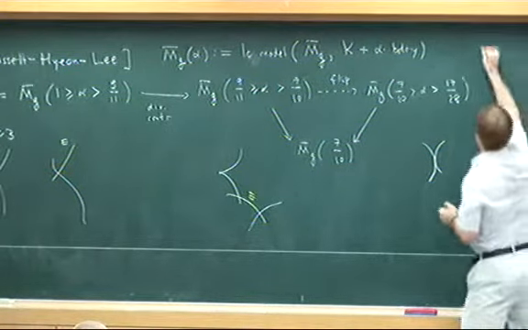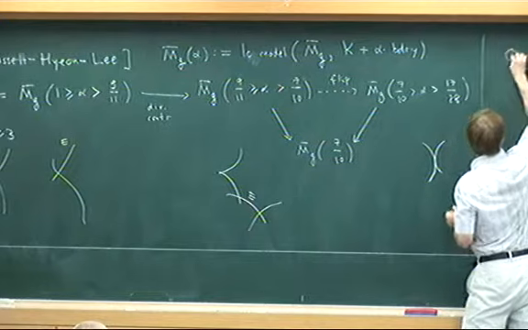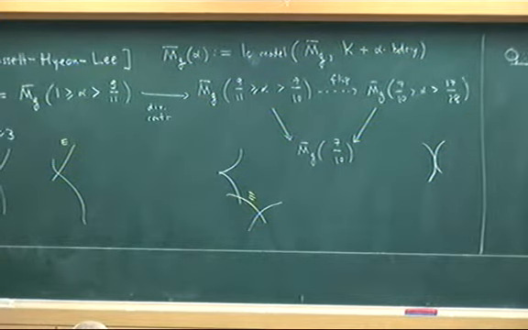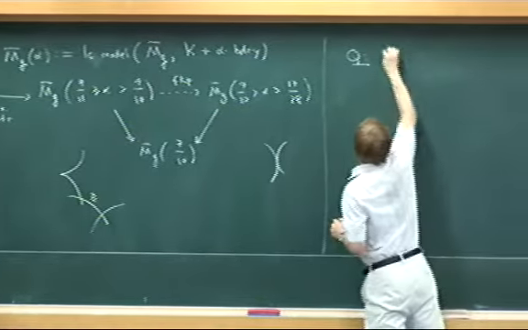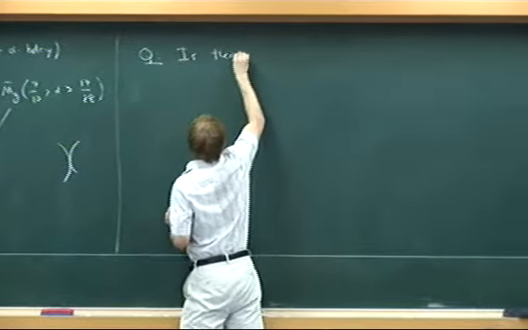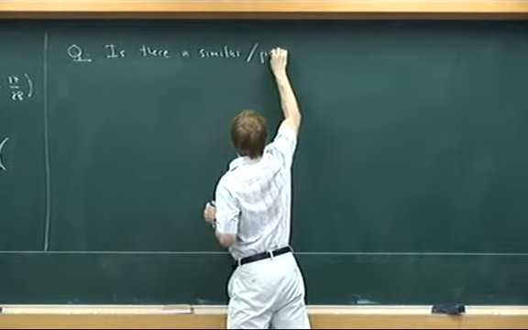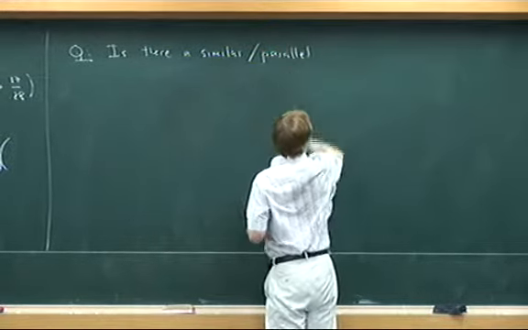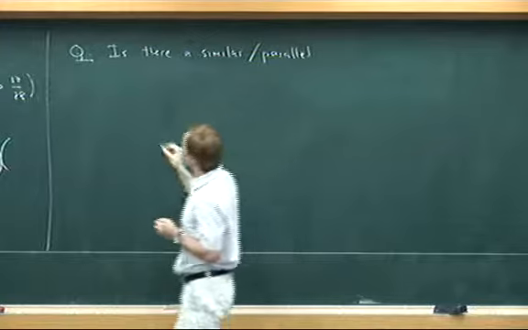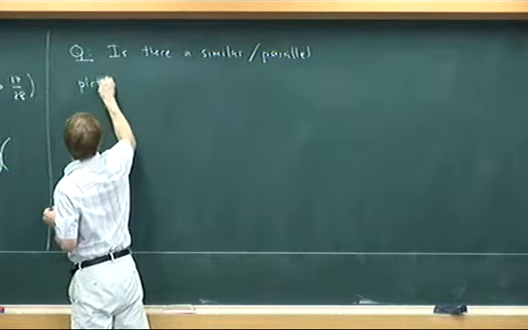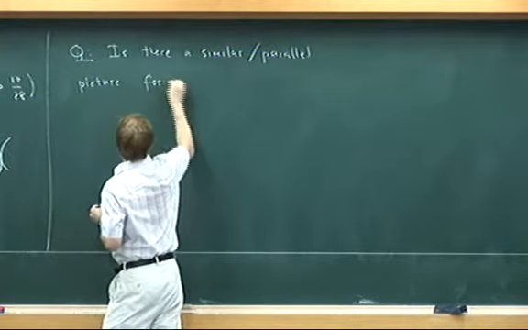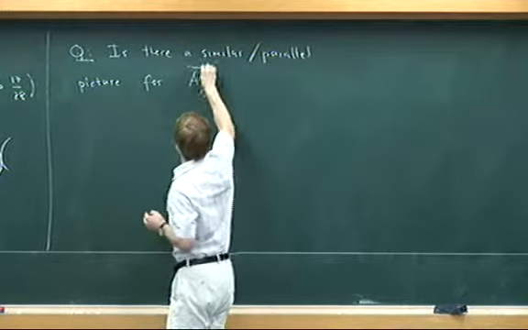And so the question that I would like to ask is this: is there a similar and maybe even parallel picture for the compactifications of A_g?